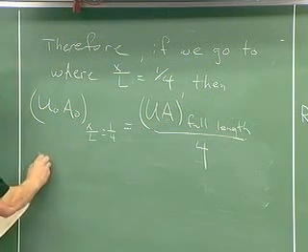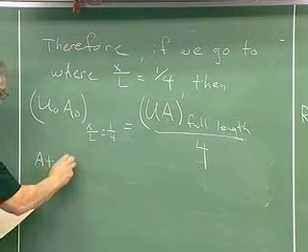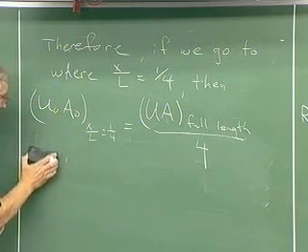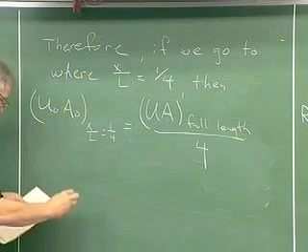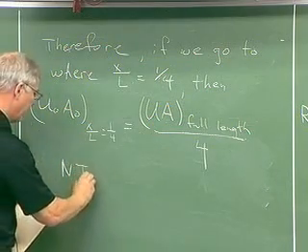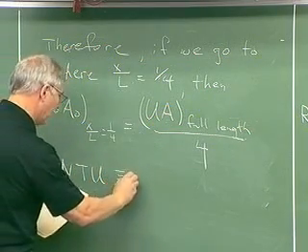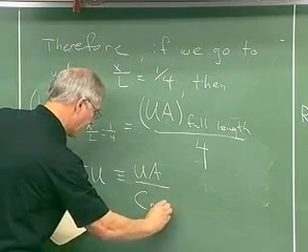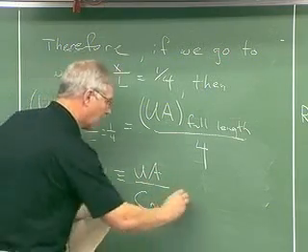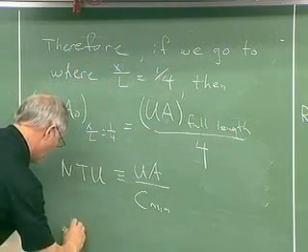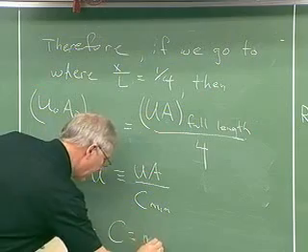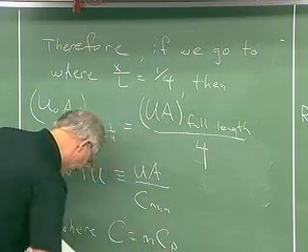Okay, so at this point, from the effectiveness NTU method, we can write by definition that NTU equals UA over C min, where C is equal to m dot Cp.